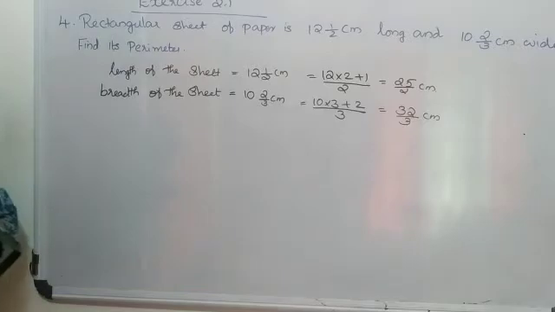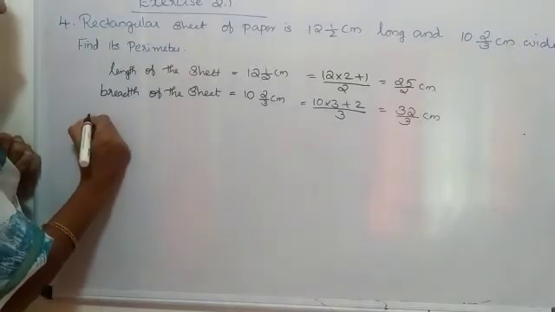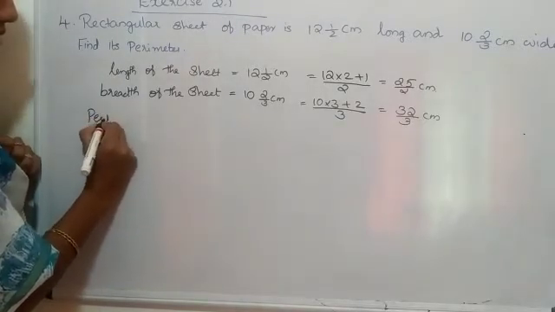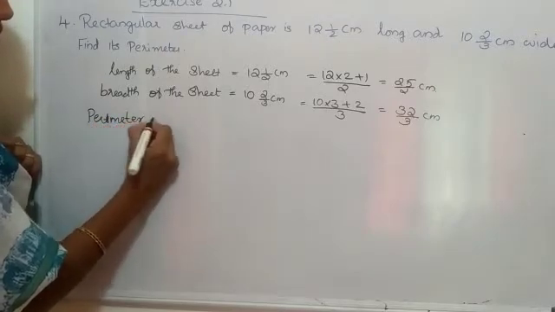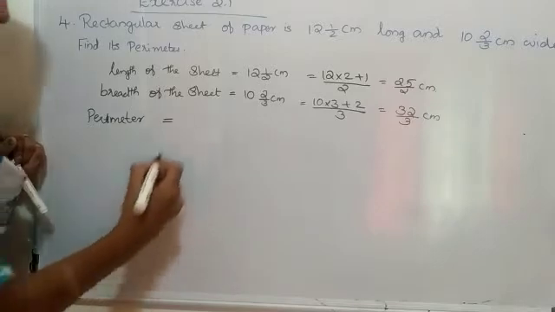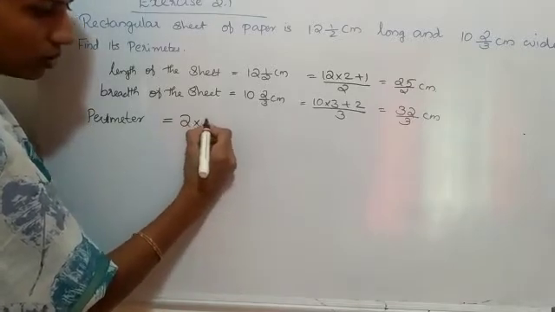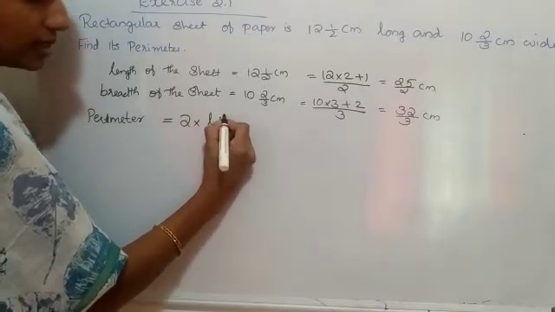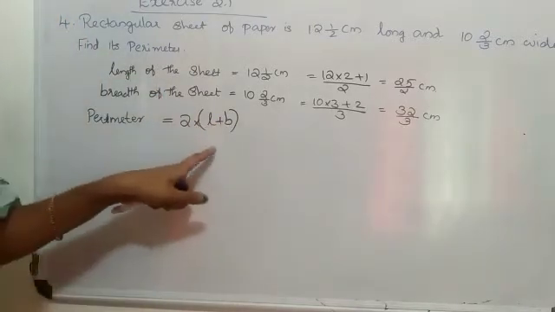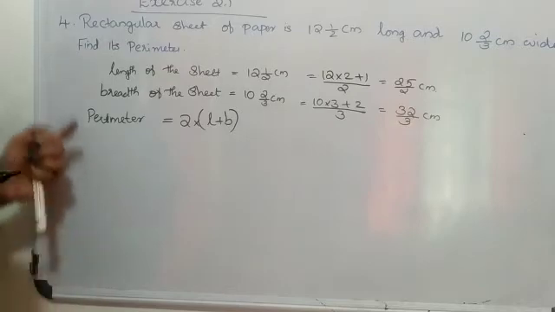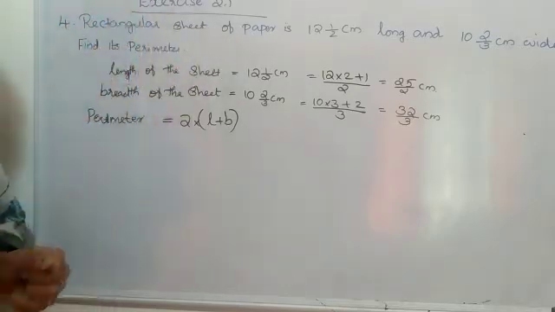Find its perimeter. What is the equation to find the perimeter of a rectangular sheet or a rectangle? Perimeter is equal to 2 into (length plus breadth). Right. This is the equation to find the perimeter of a rectangle. So in the same way, this is a rectangular sheet, so it is easy.